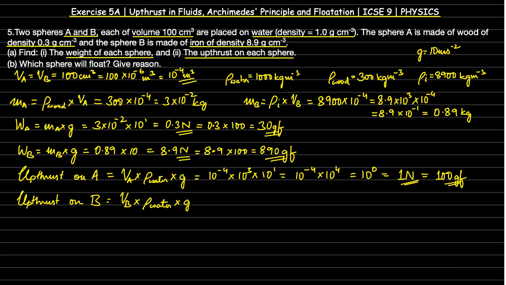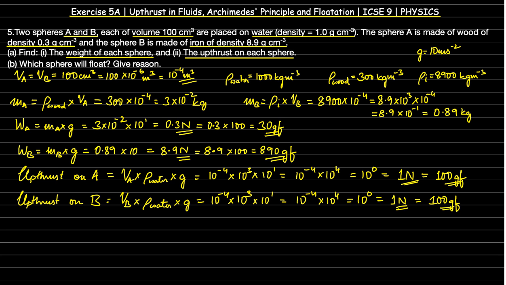So VB is nothing but 10 to the power of minus 4 into density of water is 1000 kg per meter cube, which can be written as 10 to the power of plus 3, into acceleration due to gravity is 10, which can be written as 10 to the power of plus 1. So we get the same values again. So 10 to the power of minus 4 into 10 to the power of plus 4, which is nothing but 10 to the power of 0, which is nothing but 1 newton. And when we convert it to gram force, it is 100 gram force.